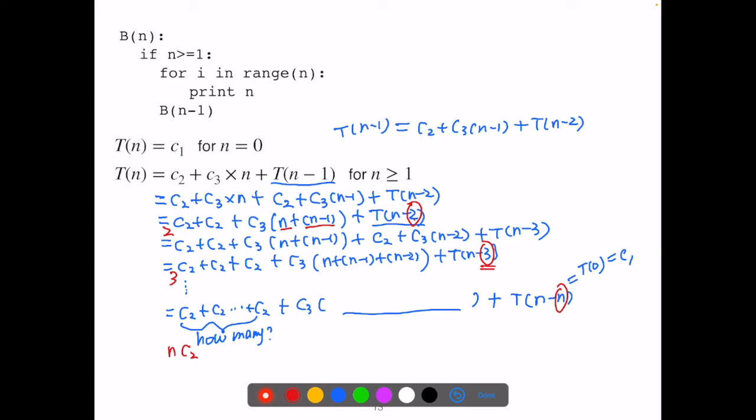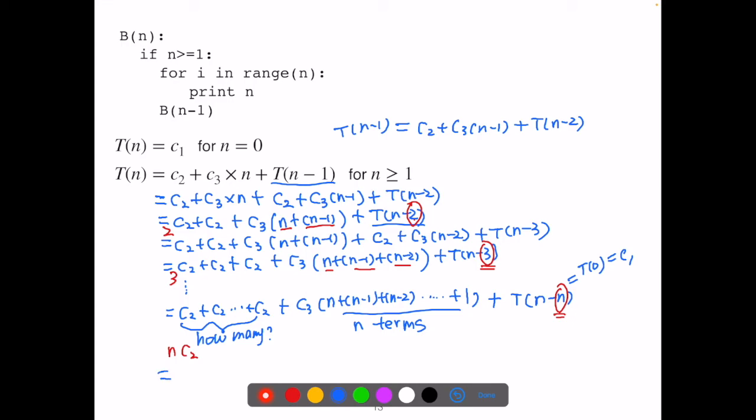When we have 3 here, we have 3 terms. So when we have n here, we would have n terms. That gives us n plus n minus 1 plus n minus 2. So we write n terms, and that'll get us to 1.